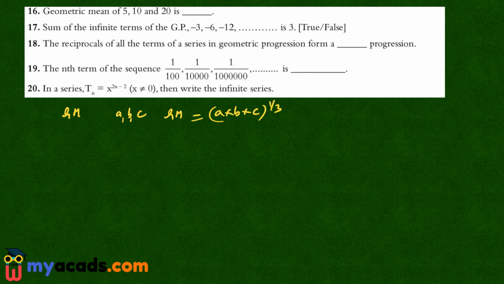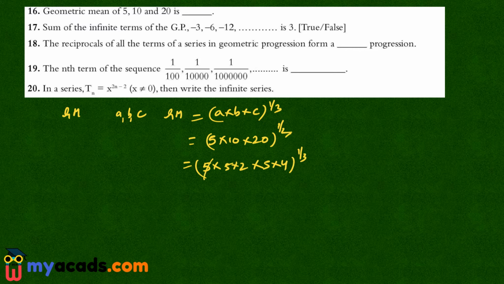Now here a, b, c is 5, 10 and 20. So my geometric mean is 5 multiplied by 10 multiplied by 20 and its cube root. I can write this as 5 into 5 into 2, I can write this as 5 into 4. Its cube root. So 5, 5, 5. One 5 will come out. 2 into 2 into 2. So one 2 will come out.